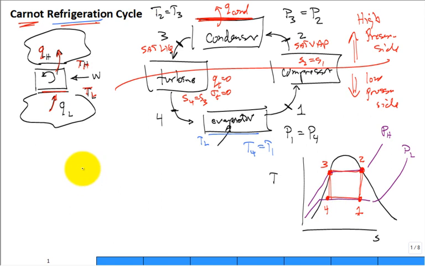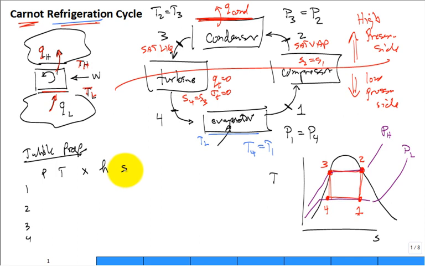Let's think about a metric of performance. First of all, if you were going to analyze a problem like this, we would set up and find a table of properties, wouldn't you? We would have state 1, state 2, state 3, state 4, and we'd talk about the pressures, temperatures. I would talk about the quality, because definitely 2 of those states are inside the dome, and then the enthalpy and entropy.